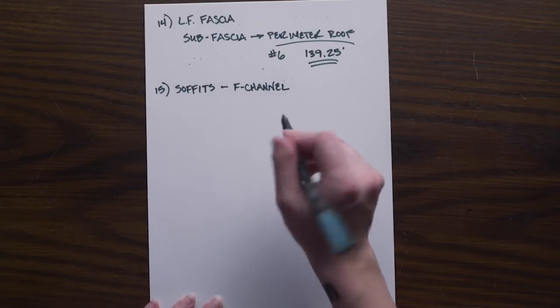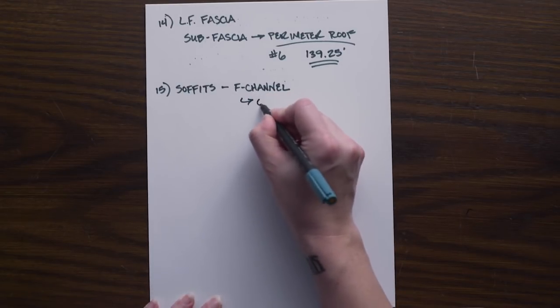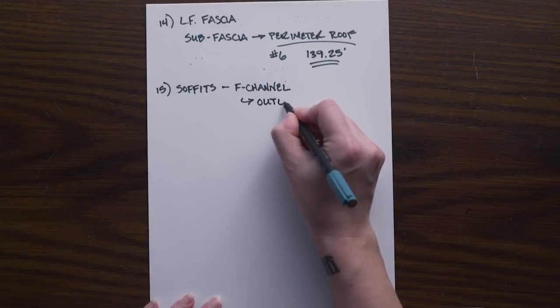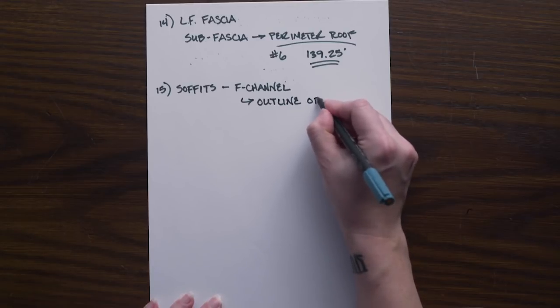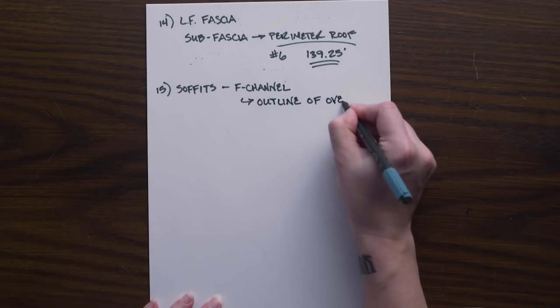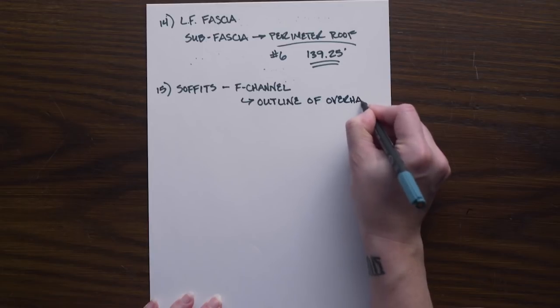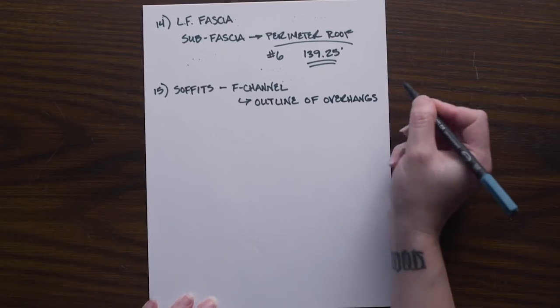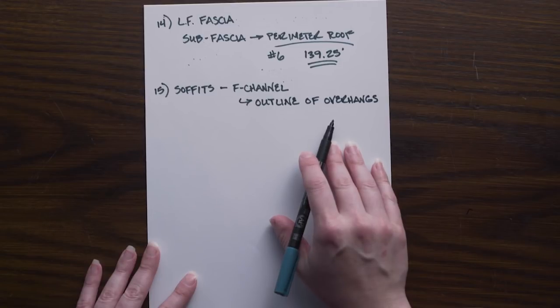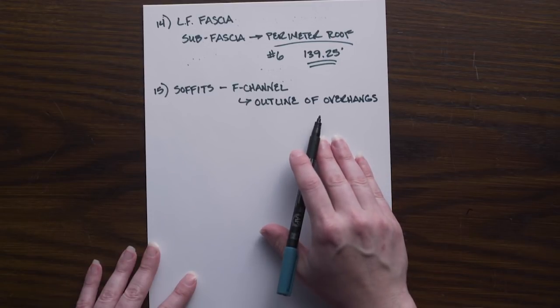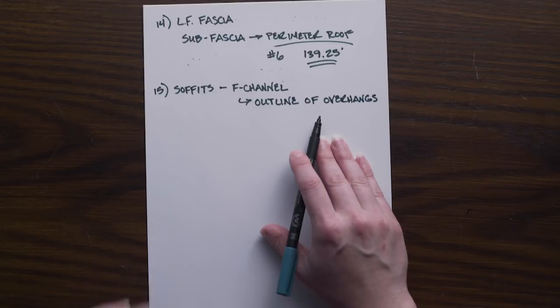Where this goes is essentially the outline or the exterior perimeter of the soffits themselves, which is where our overhangs are. Now, depending on how the bird box is framed, it will determine how these are calculated. So you need to make sure that you're paying attention to how these are actually structured.